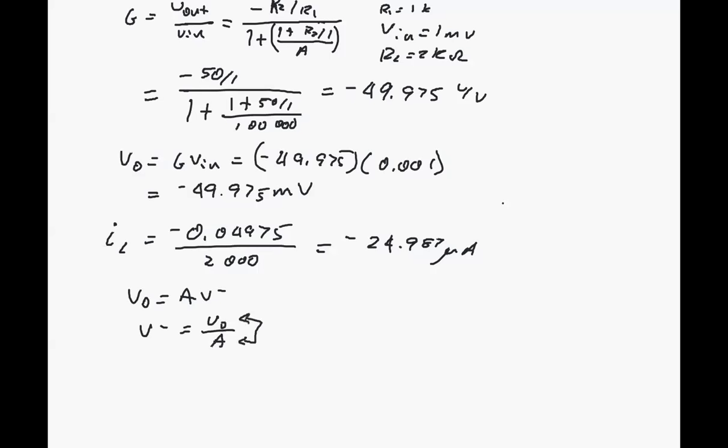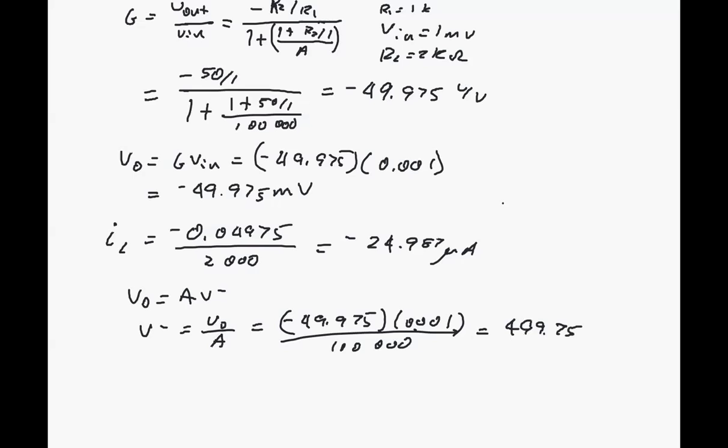So V minus would be minus 49.975 times 0.001. I could have put in the output value, divided by 100,000. And that equals 499.75 nanovolts, e to the minus 9 volts, or 0.5 microvolts.